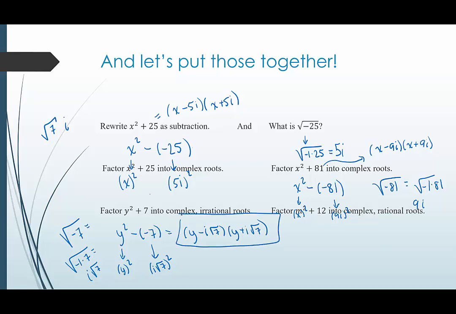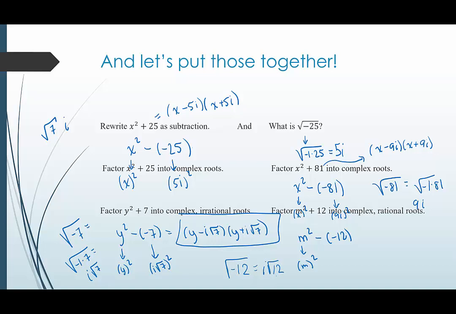And lastly, what if we have m squared plus 12? Well, m squared plus 12 is m squared minus negative 12. m squared would just be m squared. And then let's talk about the square root of negative 12. This would be i root 12. However, we could simplify the square root of 12. It does have a perfect square factor of 4.